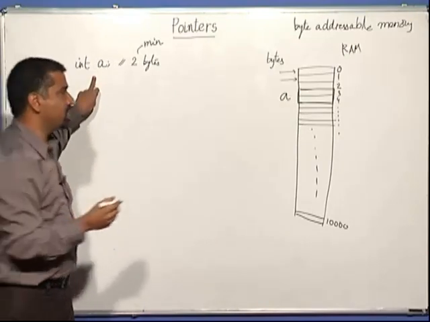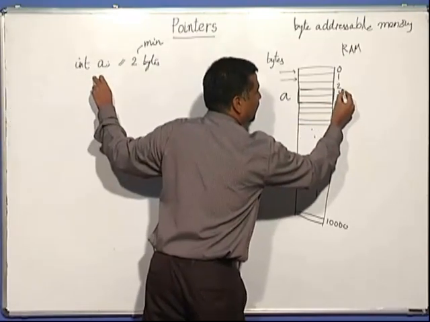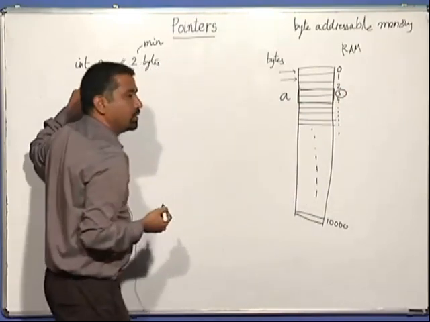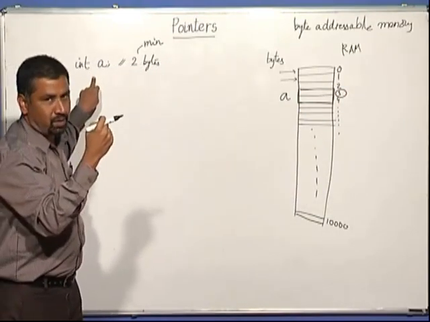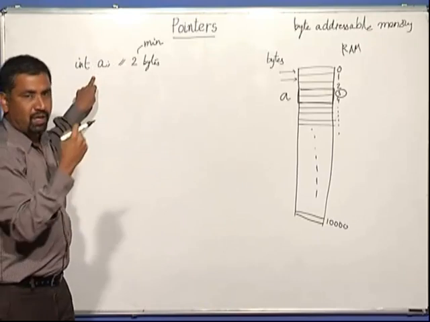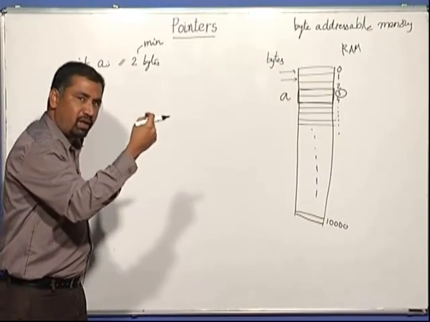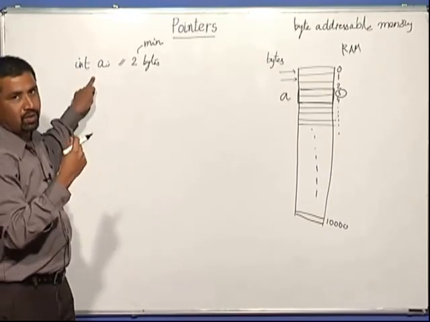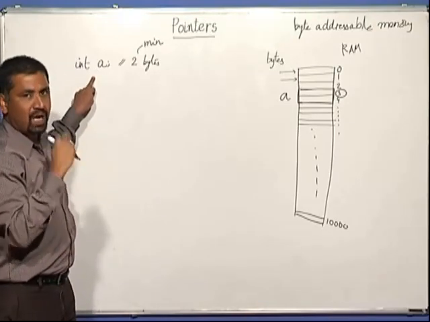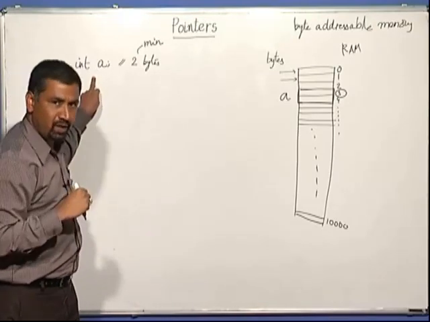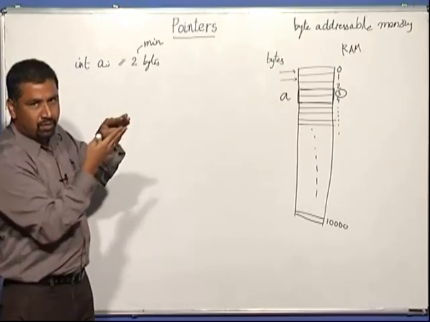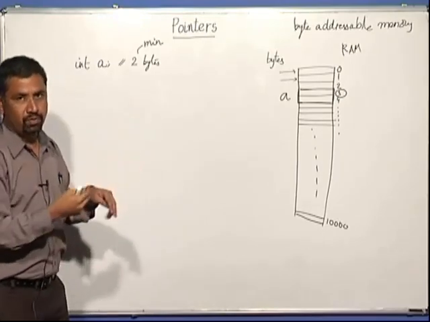Address of A is taken as 3. The starting byte number. 3 means it will occupy 3 and 4 because integer occupies 2 bytes. Starting address is the byte number 3. So obviously 3 and the next byte also will be occupied.